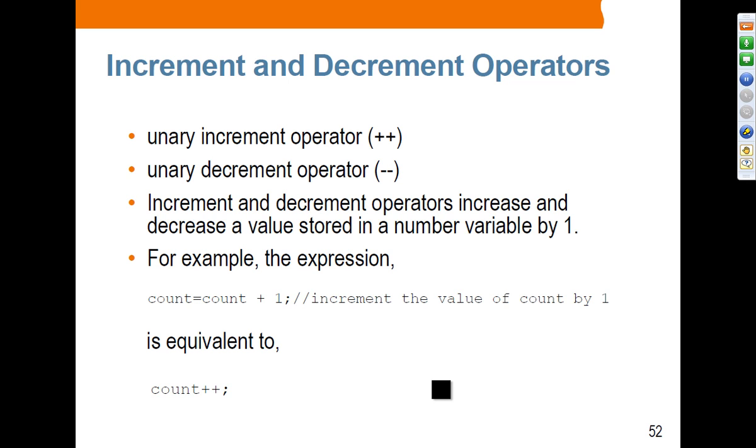Okay, it's basically adding 1 or subtracting 1. So in this example, I am adding 1 to the value of count, and then I am replacing the current value of count. So basically this statement is incrementing count by 1, and this is the same as this. So this notation is a simpler format than this. Okay.